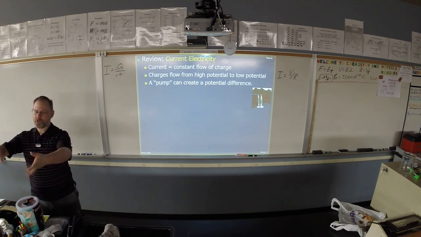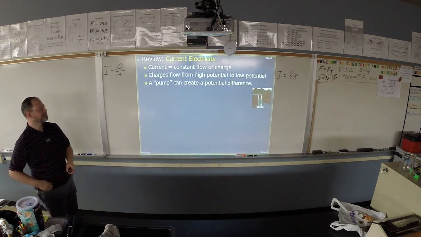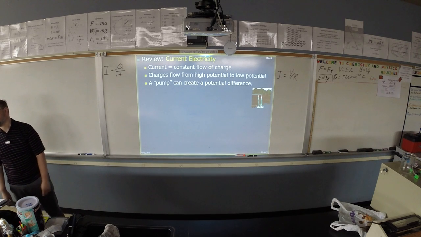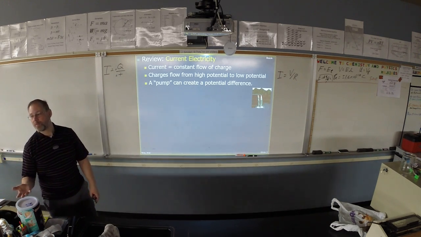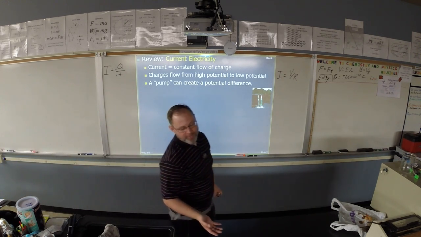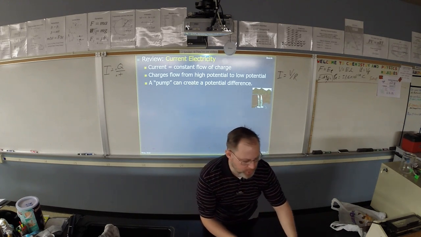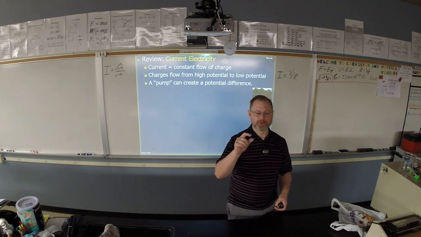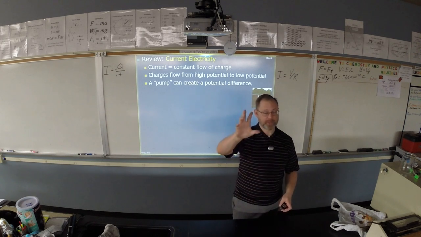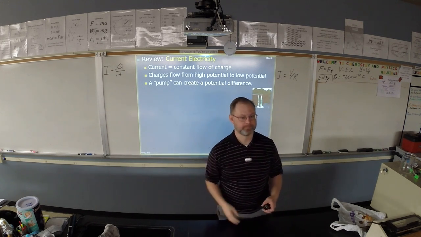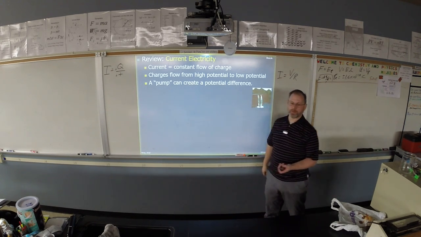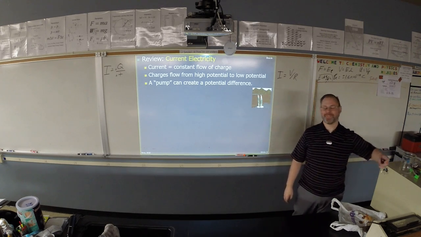A bunch of little charges cruising along. So again, usually, and not everybody follows this, and I've even encountered AP questions that break the convention. But the convention is little q is a point charge. Big Q is a whole bunch of charges. So big Q is a whole bunch of little q's.